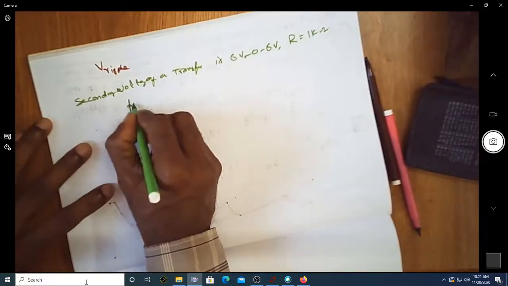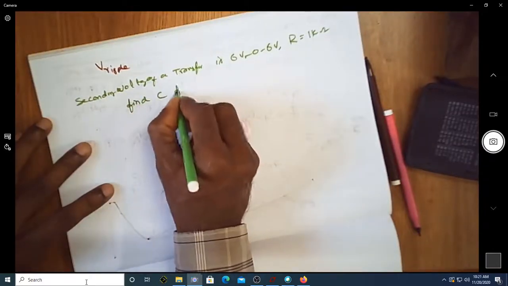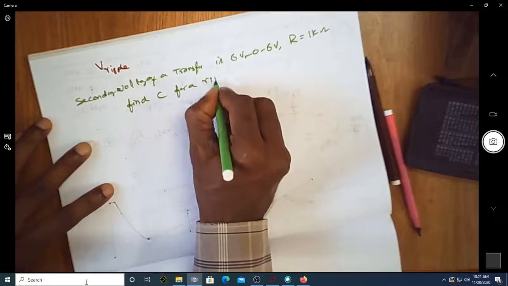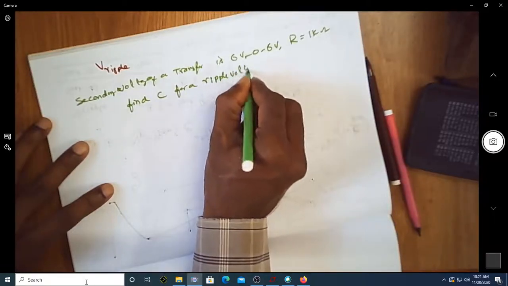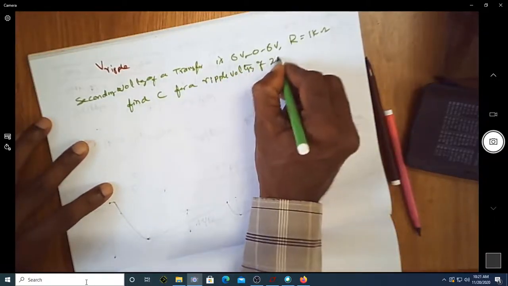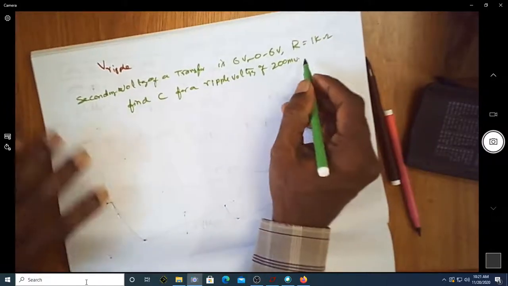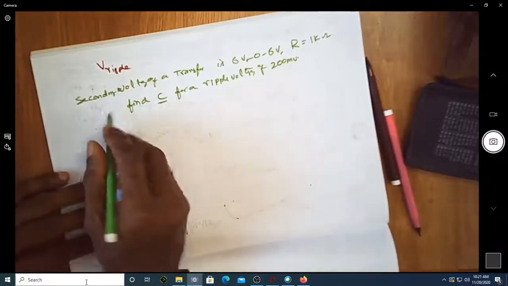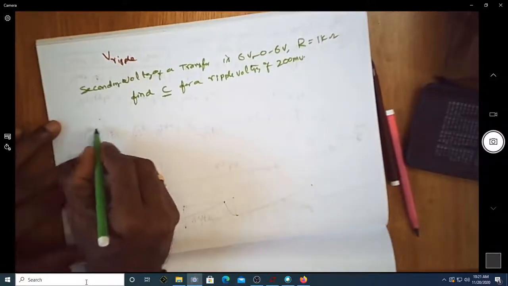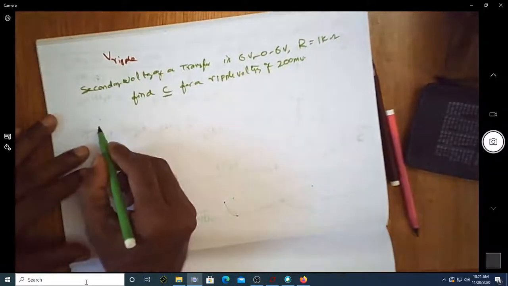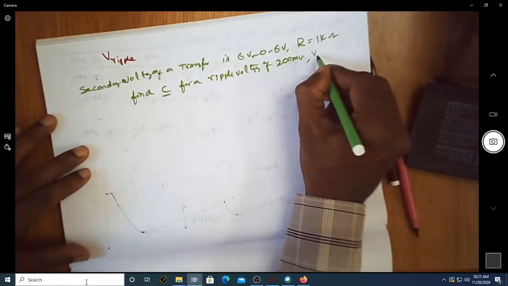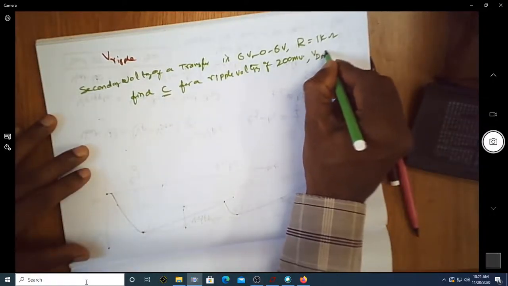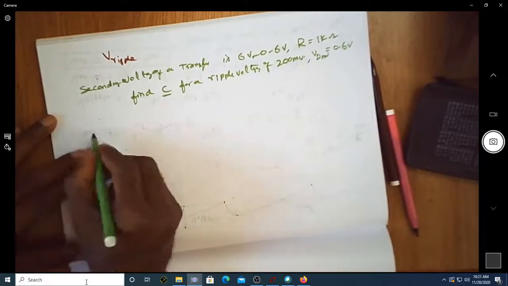Find C for a ripple voltage of 200 millivolt. Suppose you want a ripple voltage of 200 millivolt, and we are asked to find the value of C. For that we can write the circuit diagram, and you can also assume that Vd on is equal to 0.6 volts.